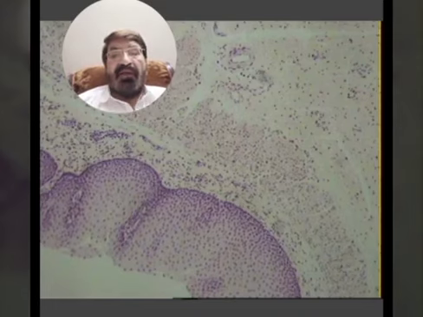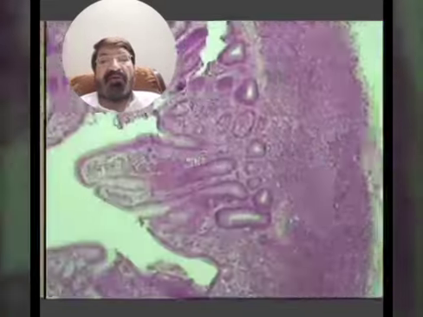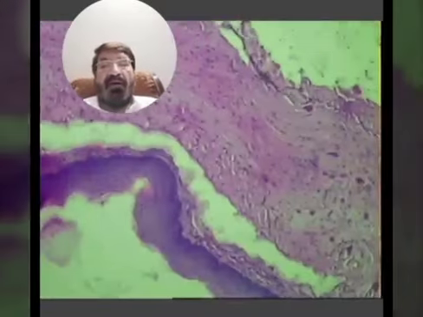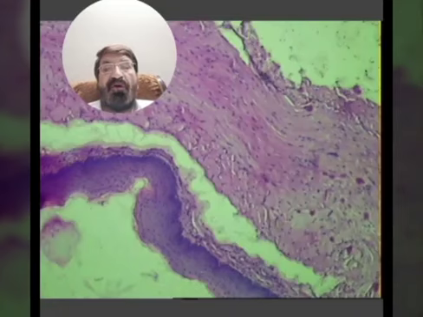And then comes the muscularis externa and fibrosa. Muscularis externa has an inner circular and outer longitudinal layer of smooth muscles.